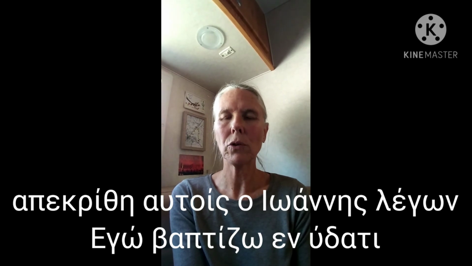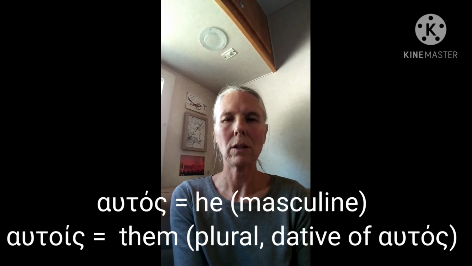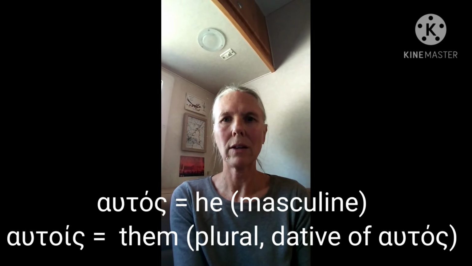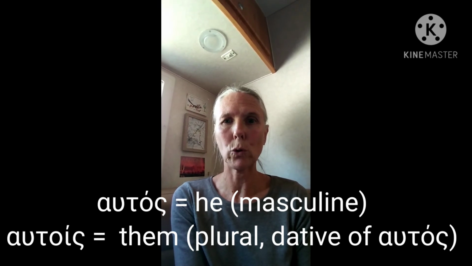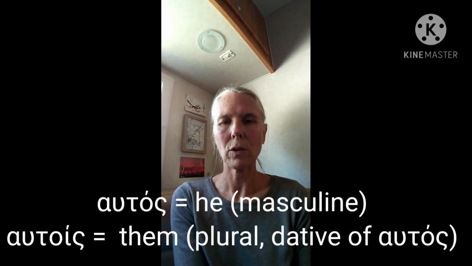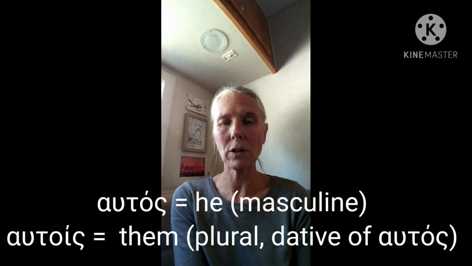And both are nouns. Autois is, so autos, this just means he, she, or it, and it has different endings depending on whether it is masculine, feminine, neuter, and singular, plural, and then also the cases, whether it's nominative or accusative, for instance. And then you have o Ioannis, which is John.